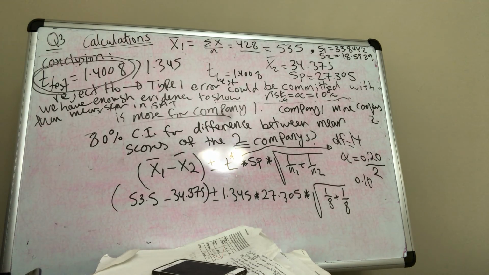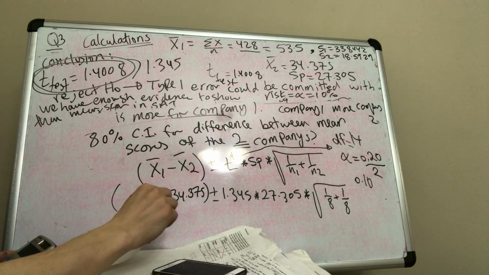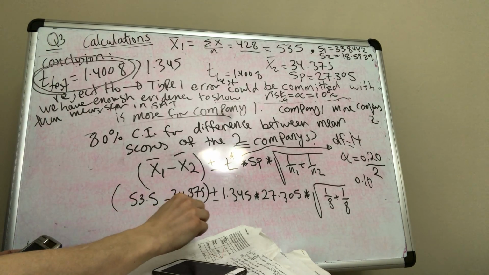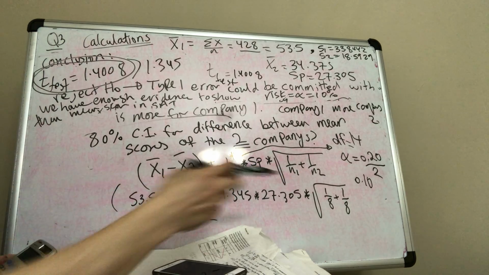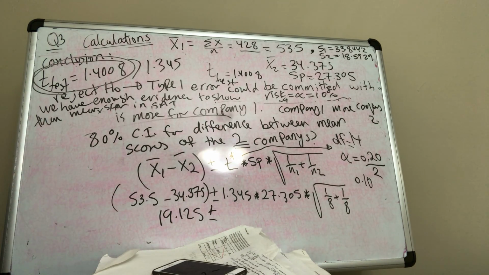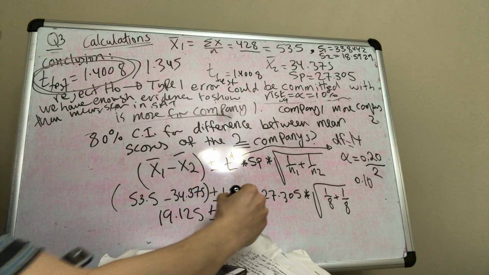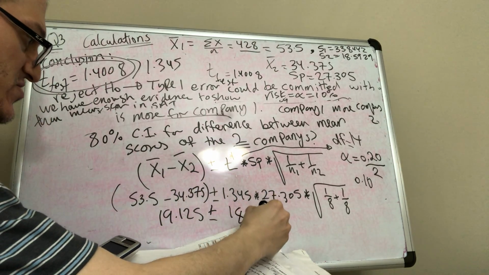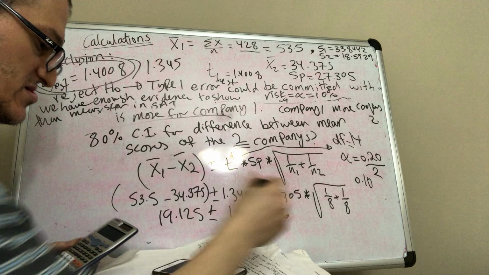So 35.5 minus 34.375, this number is 1.125. You do all of that, 1.345 times 27.305 times square root of 1 over 8 plus 1 over 8. This number is 18.3626.